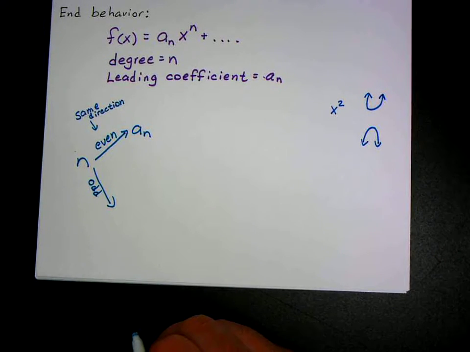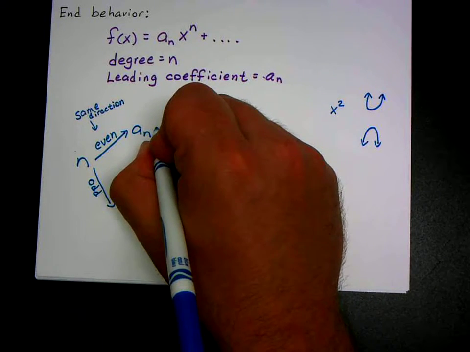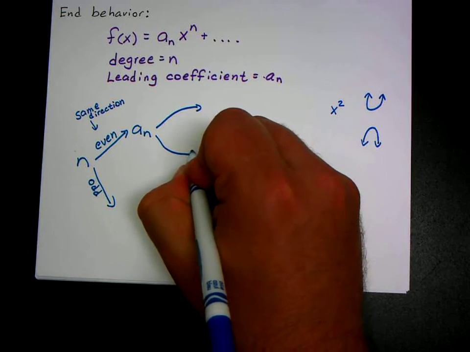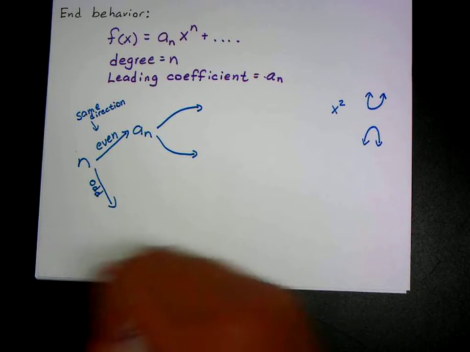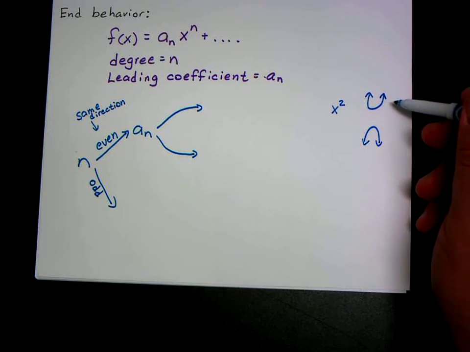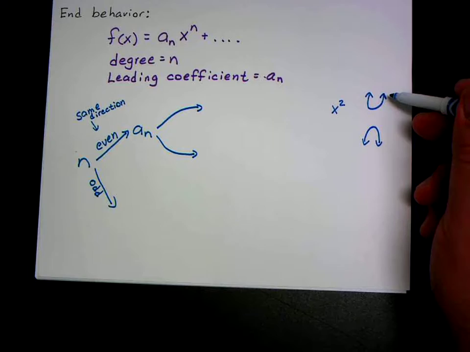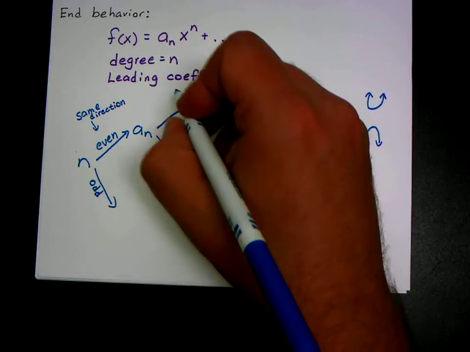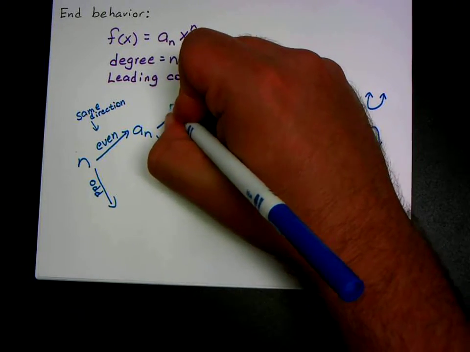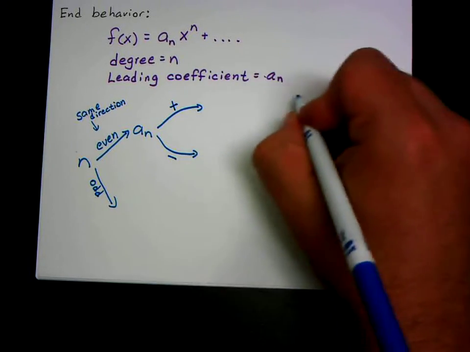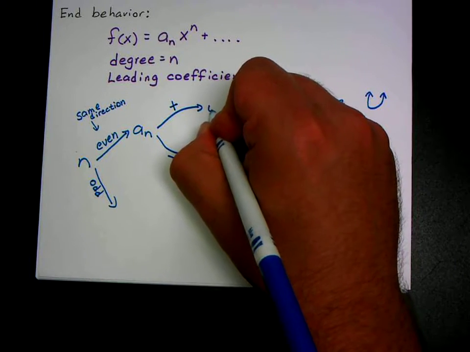Okay, so it's even. So next thing we look at is our leading coefficient. Now, what makes our x squared go up? Negative or positive? So it goes up if it's what? Positive. So if it's negative, it goes down.